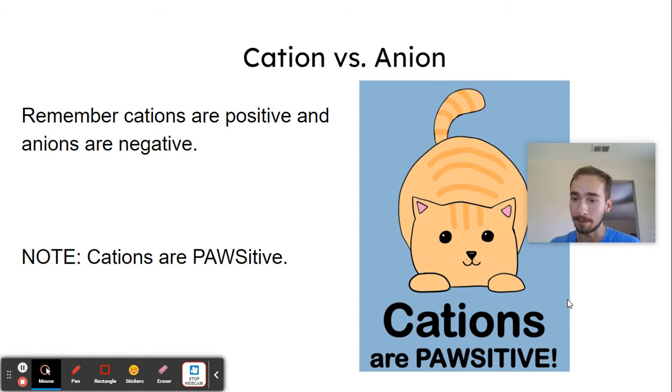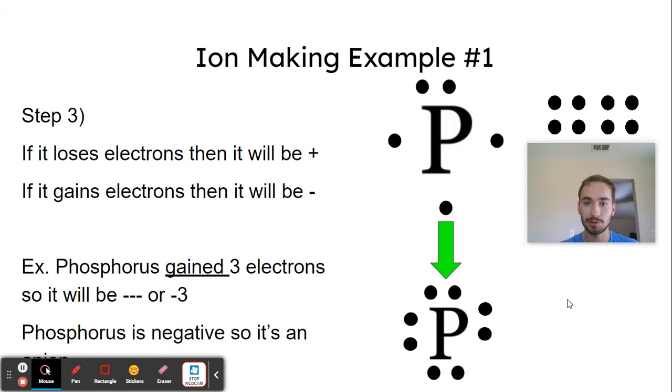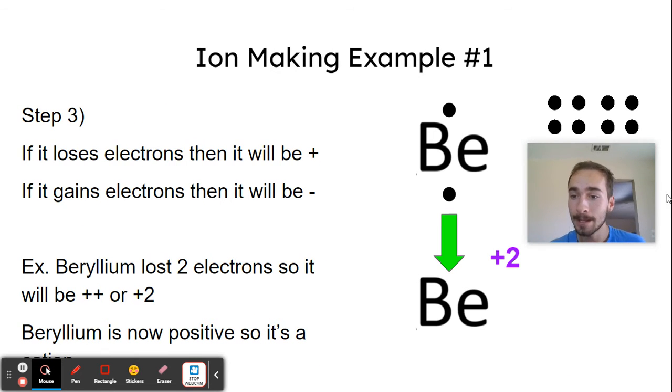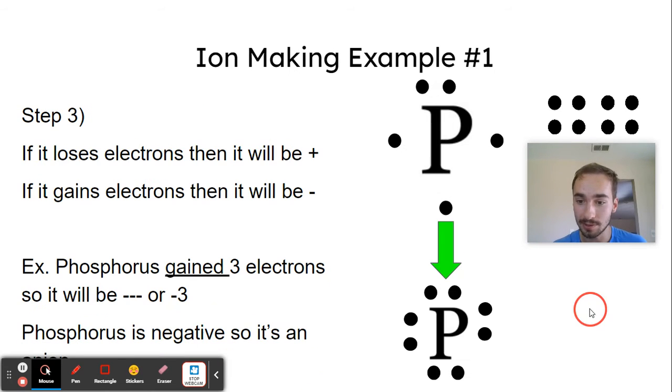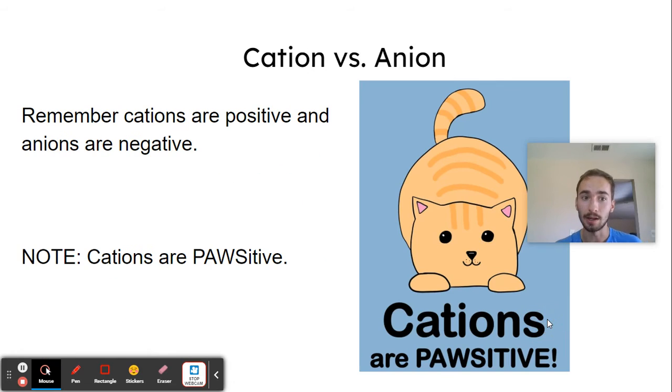So here's a way you can remember it. For example, beryllium is a positive ion. It has 2 plus, whereas phosphorus is an anion. It has a negative charge. And the way to remember if it's a cation or an anion, cats are positive. So cations are positive. That's what you can remember.